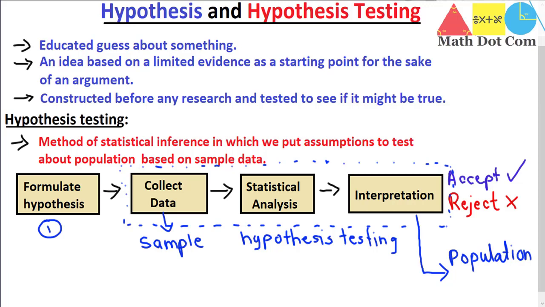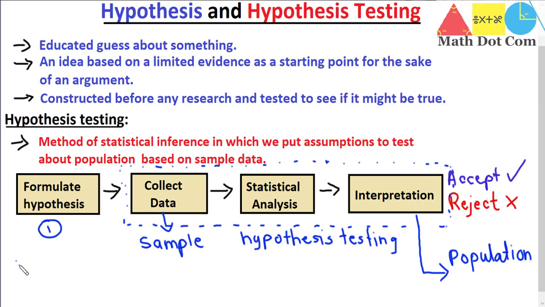So let's have an example so that you can easily understand hypothesis testing further. For example, a psychiatrist is testing a new anti-anxiety drug which seems to have a possible side effect of lowering the heart rate. For that, you have to formulate a hypothesis to test whether the drug has an impact on the heart rate or not.